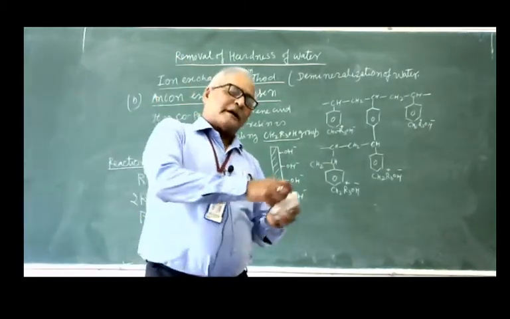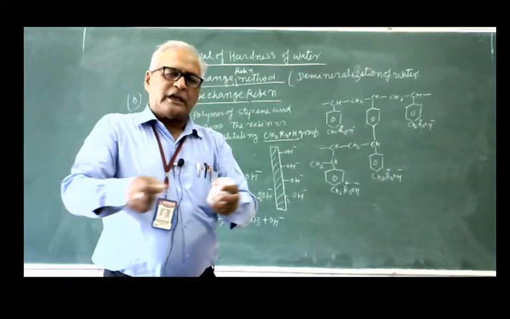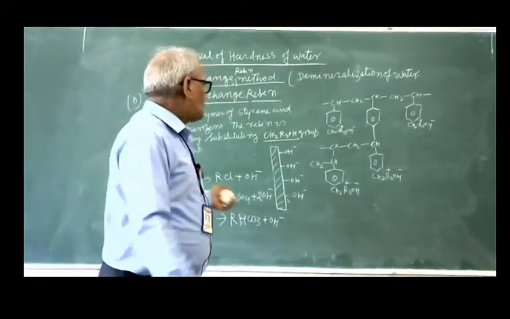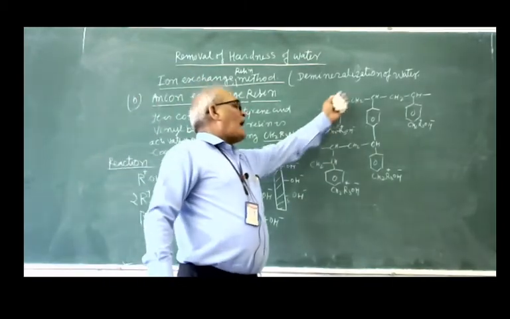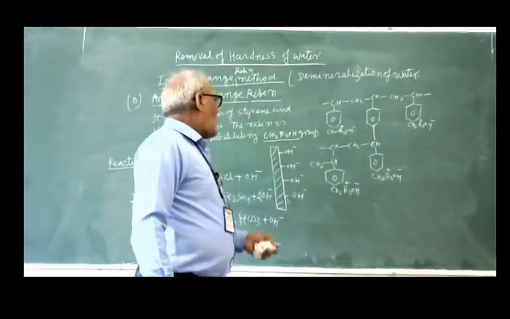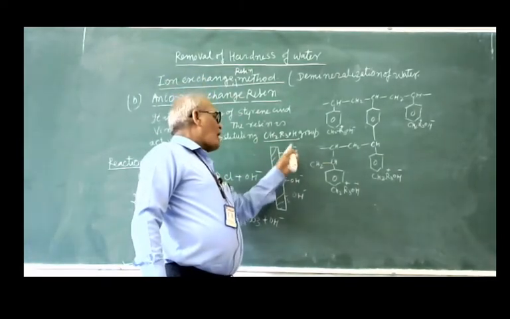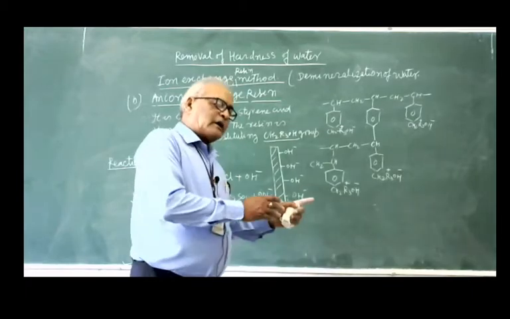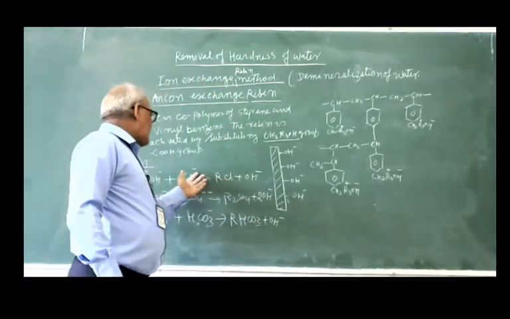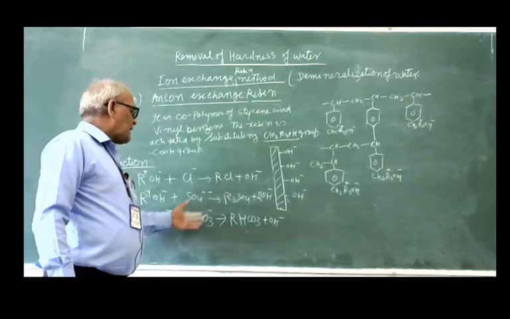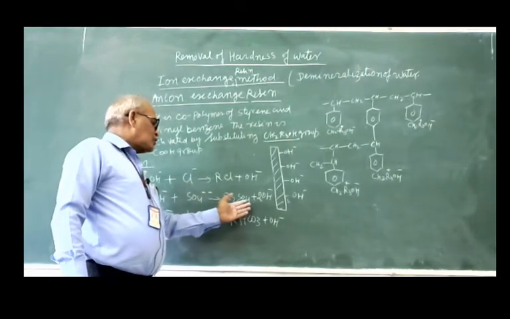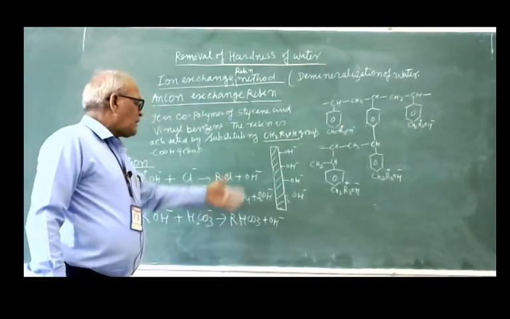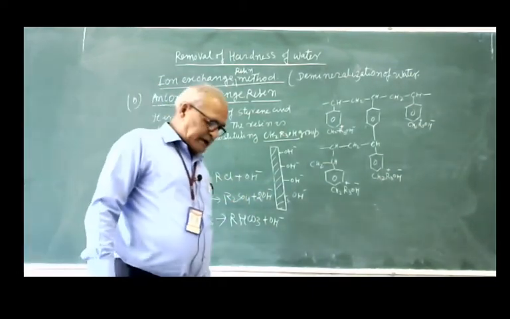Further, the water containing chloride ion, sulfate ion, bicarbonate ion is passed over the anion exchange resin and the OH group of the anion exchange resin is replaced by chloride, sulfate, bicarbonate, giving RCl, R2SO4, RHCO3, and we get OH minus, OH minus, and OH minus.